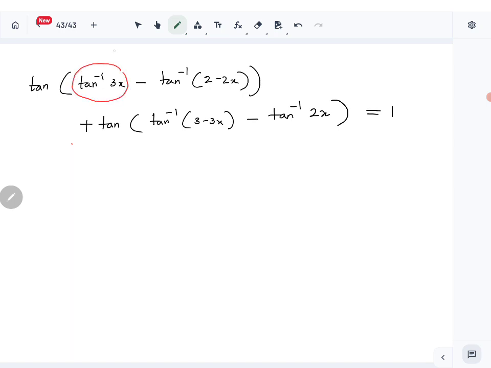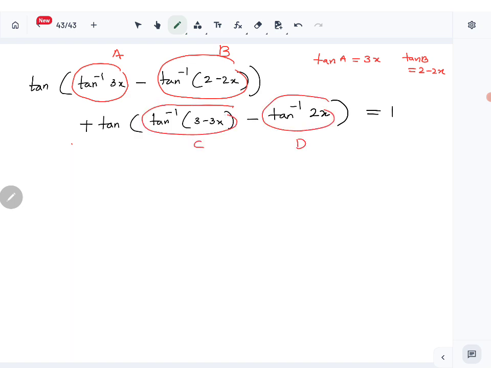Let's take this as a, this as b angle. So this is tan a minus b. Here tan a would be 3x and tan b would be 2 minus 2x. Same thing we can do for this one. Let's take this as c, this as d.